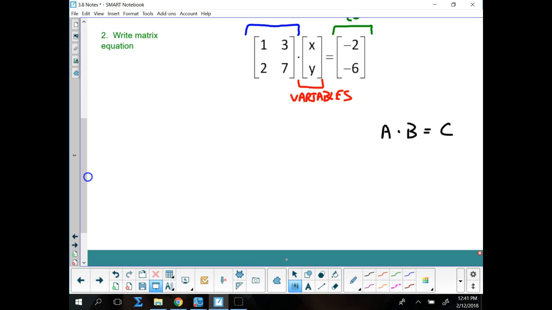If I have A times B equals C, and I want to solve for B, I would have to multiply the left side by A's inverse.